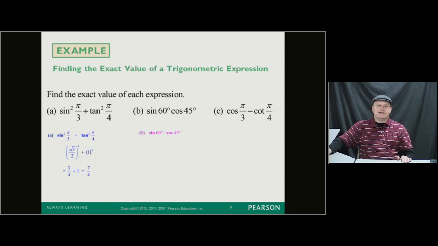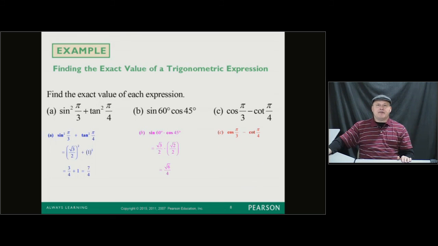The quicker you get them memorized, the better. So square root of 3 over 2 times the square root of 2 over 2. Well, what's the value of that? You just multiply the numerators together, which is the square root of 6, and multiply the denominators together, and that's 4. Square root of 6 over 4. Square root of 6 does not have any common perfect squares, so it is what it is. So square root of 6 over 4.